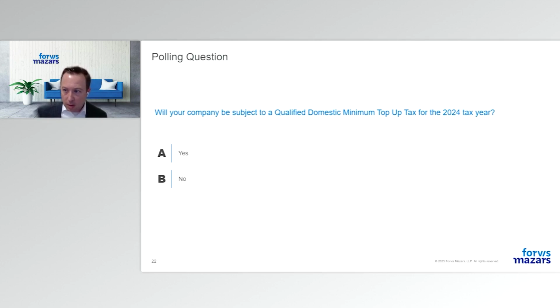This may be something that a lot of companies are trying to figure out at the moment, especially calendar year companies, trying to determine if there is a 2024 liability, depending on the jurisdictions that they are located in.